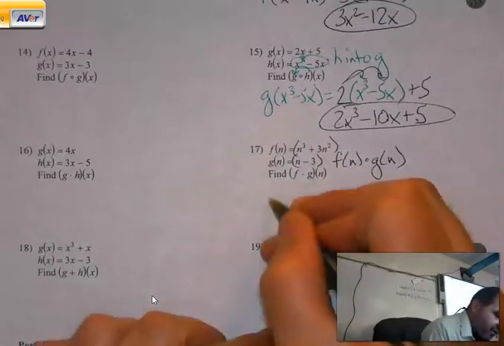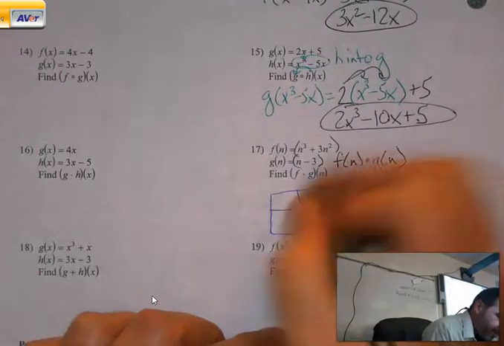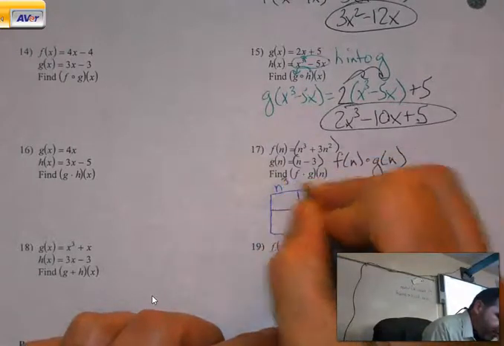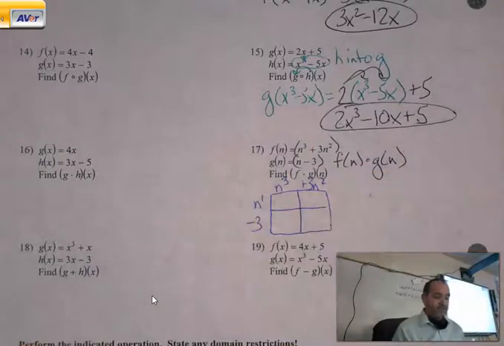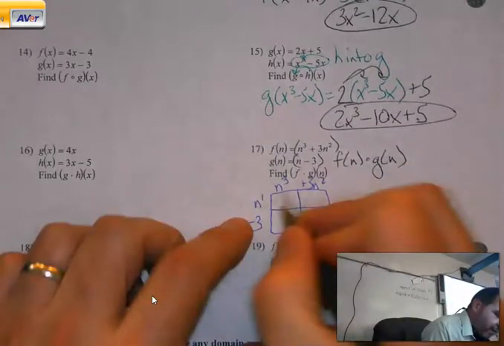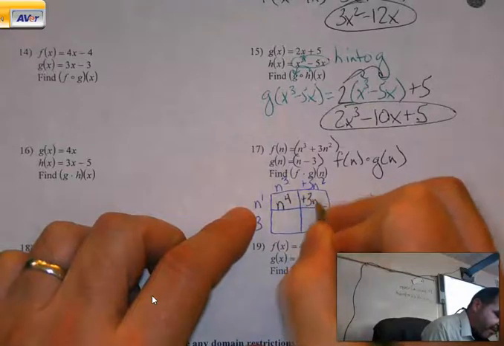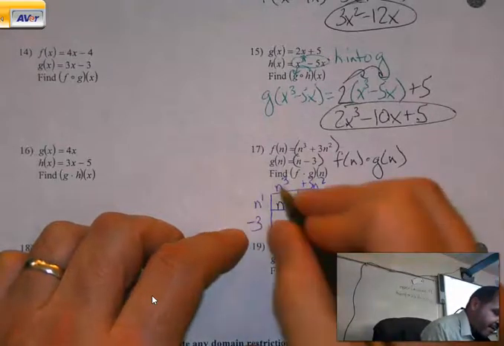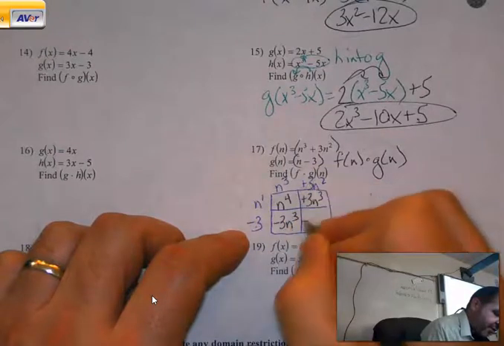Right. So here, n cubed plus 3n squared, n minus 3. And we're just, same thing we'd been doing on the front when we were doing the box. We're going to add exponents when we multiply. And if there are none, we're just going to multiply coefficients.